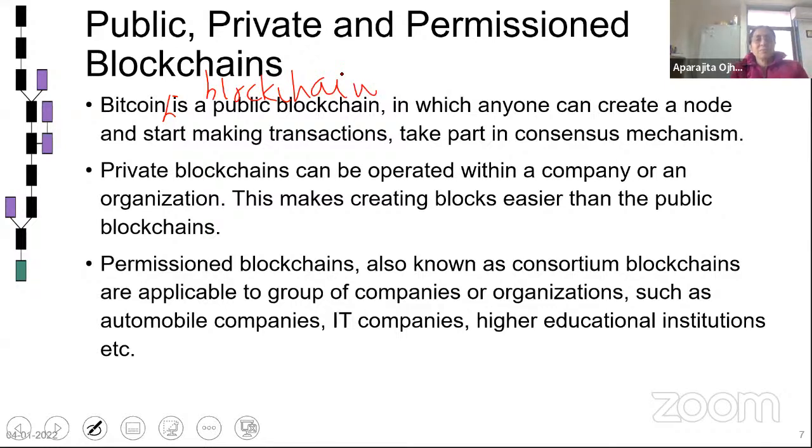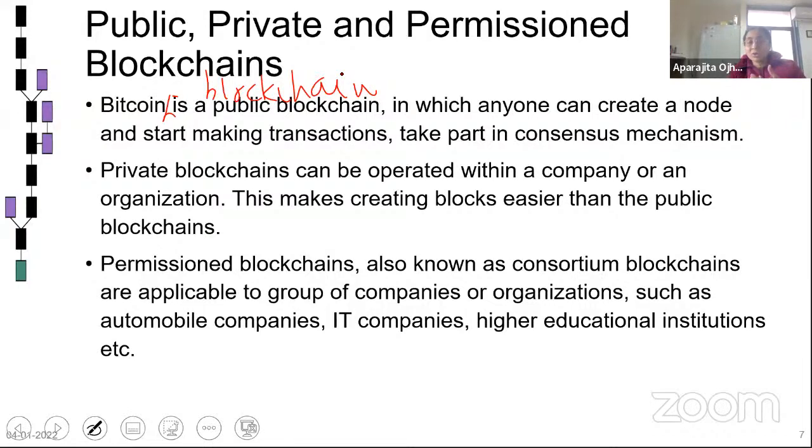Then there are permission blockchains, also known as consortium blockchains. Just like I told you that there are several IIITs, they make a consortium. There are several companies that make a consortium to develop a technology. So it's a group of companies or organizations such as automobile companies, IT companies.